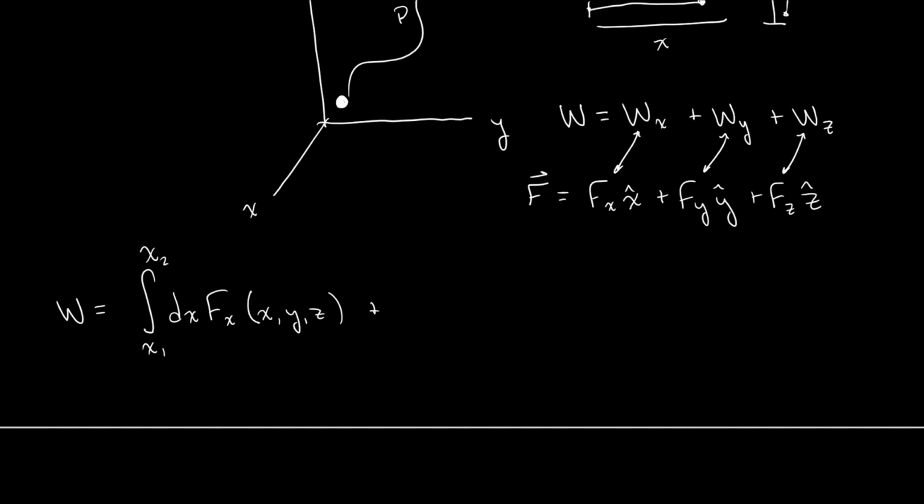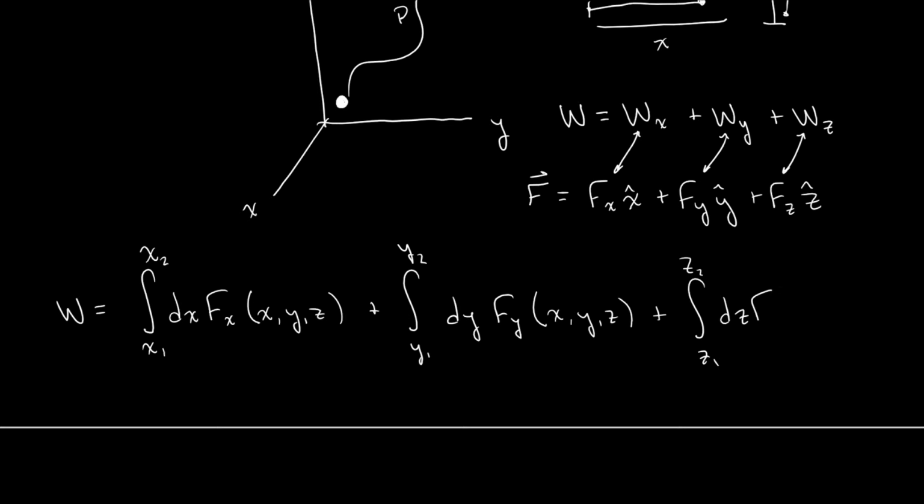So it's that plus the same thing in the y direction, the integral from y1 to y2 of dy times F sub y of x, y, z, plus the integral from z1 to z2 of dz times F sub z of x, y, z.